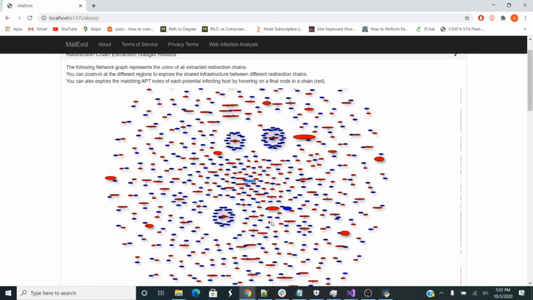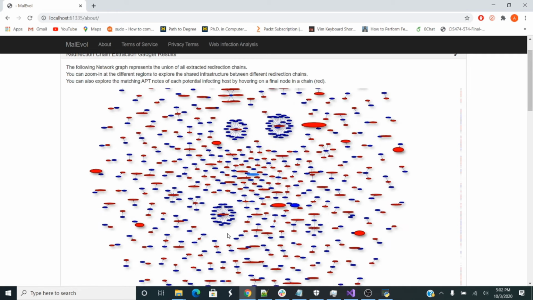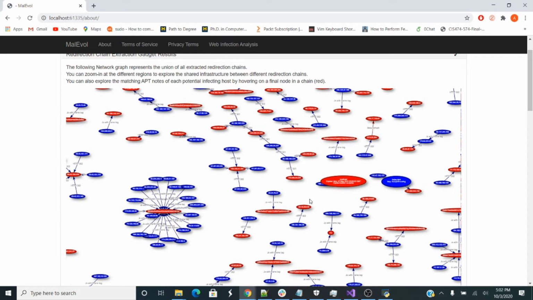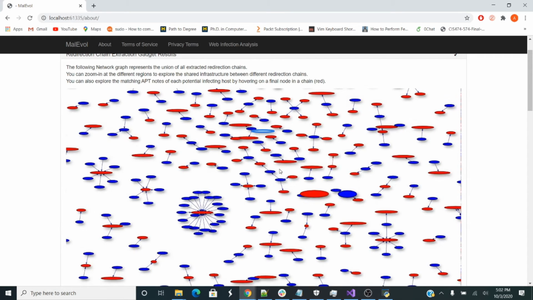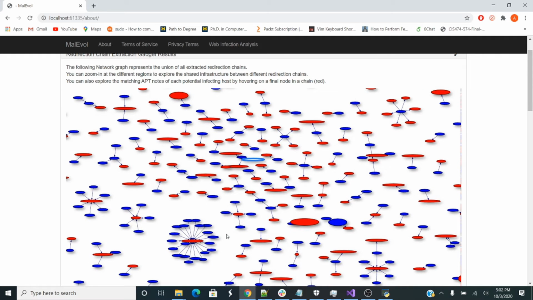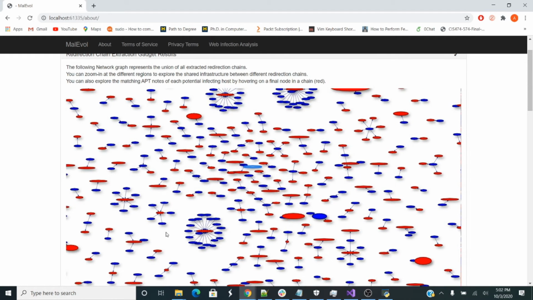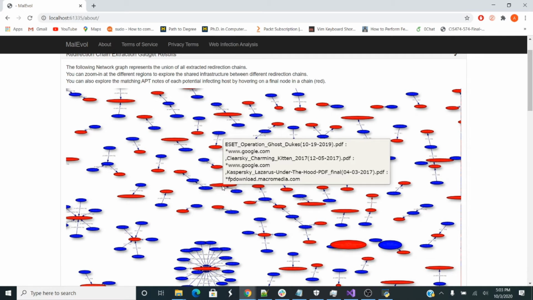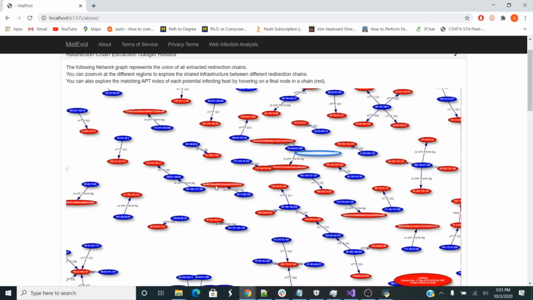This graph can provide investigations about the shared infecting hosts that are used in different traffics in different pickup files, and we can also investigate the APT nodes that are used. For example, here we can see the APT nodes and the related IOCs that are matched with this host.